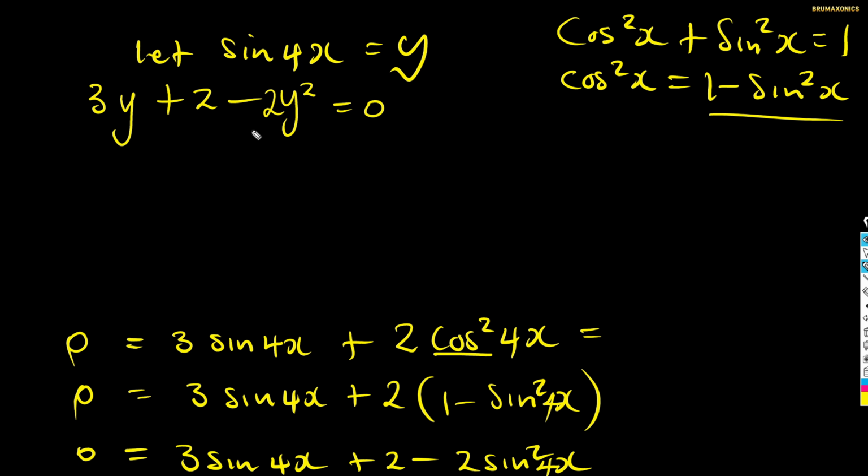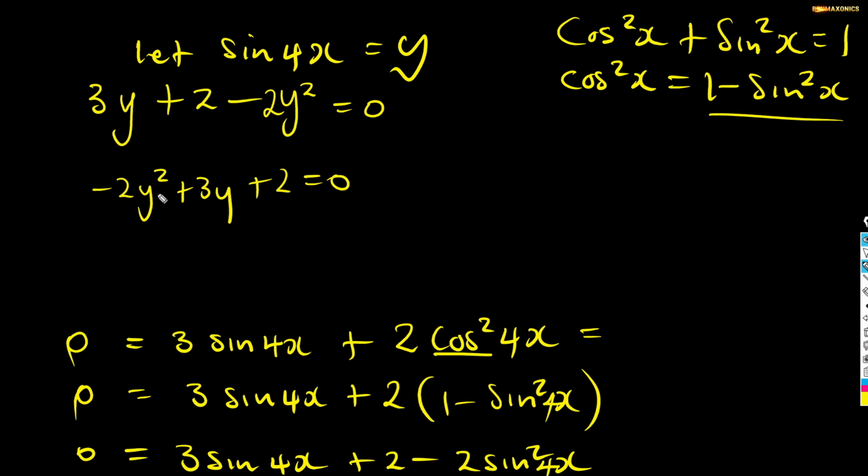Let's see how we can deal with this. So negative 2y squared, and then plus 3y, then plus 2 is equal to 0.